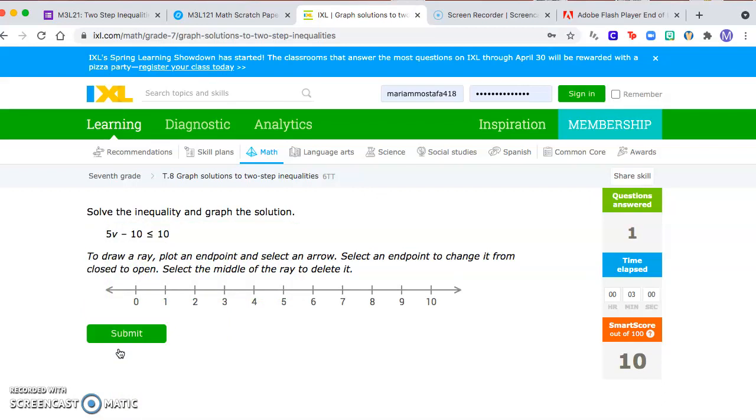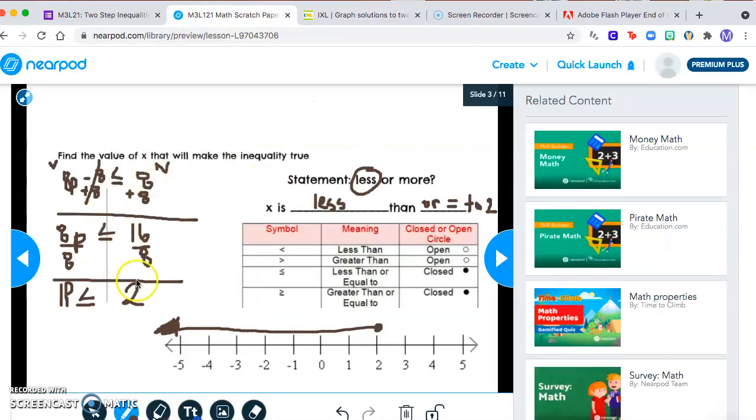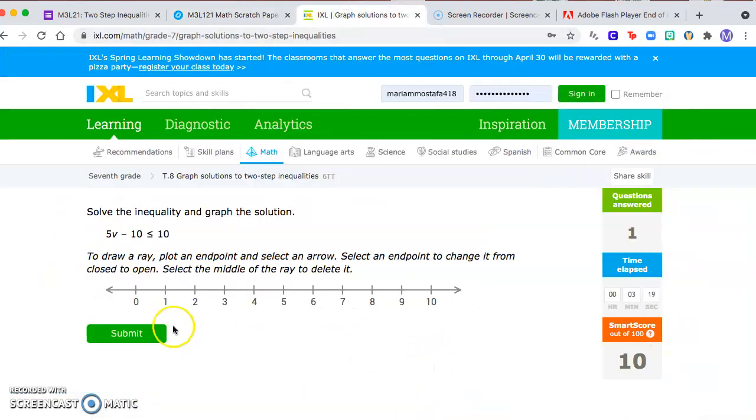So even though it's not asking you necessarily to solve it, you have to solve it in order to know how to graph it. So this Nearpod is there to help you. Now just again remember that you're always trying to get rid of the number without the variable first.